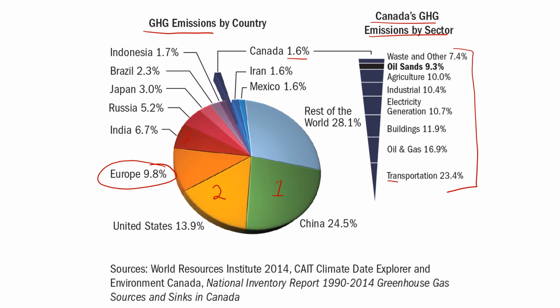So transportation is pretty high, oil and gas pretty high, buildings, believe it or not, and then electricity generation, industry, agriculture, oil sands, they highlight for some reason. We'll talk about what oil sands or tar sands are, and then some other resources. But just to give you a different distribution than last graph, but essentially the same content.